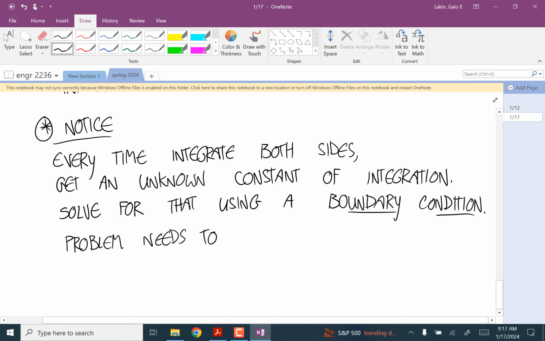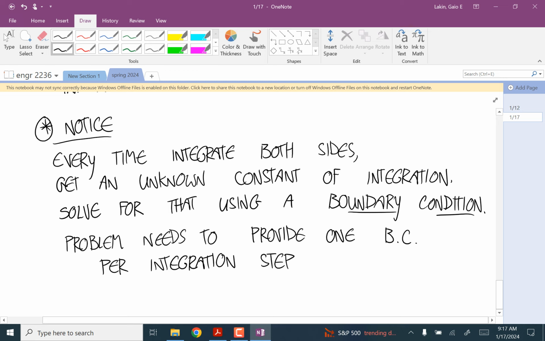So the problem needs to provide one boundary condition per integration step. If your differential equation is a first order differential equation, the highest derivative is a first derivative, then you need one boundary condition.